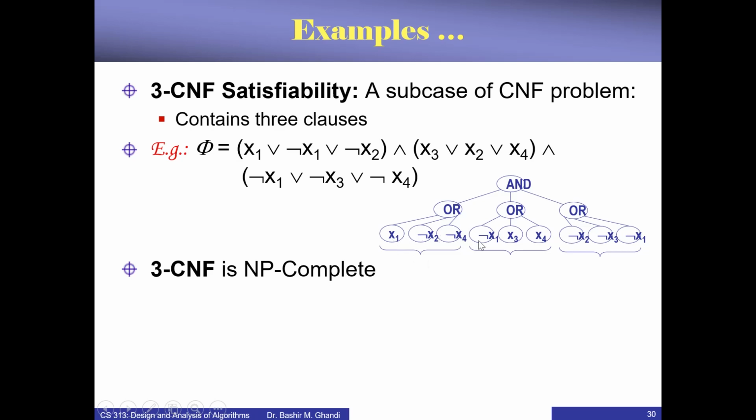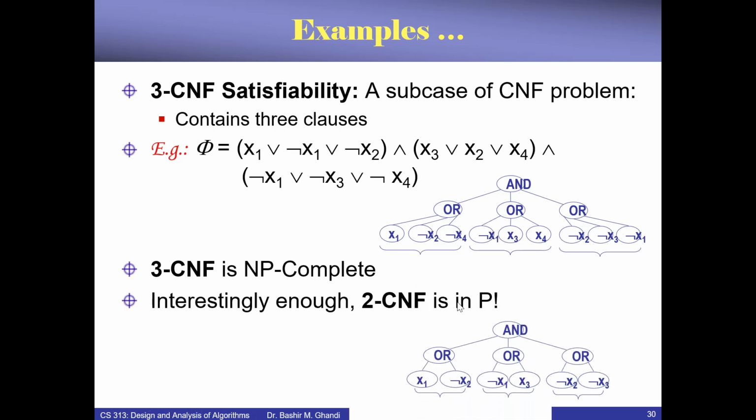We have the variables and all their complements, we OR them, and now we AND the ORs. So it is in conjunctive normal form, and in this case there are three ORs, three clauses. So 3CNF is NP-complete. Interestingly, however, 2CNF is in P. There's an algorithm that runs in polynomial time that can tell us whether 2CNF is satisfiable or not.